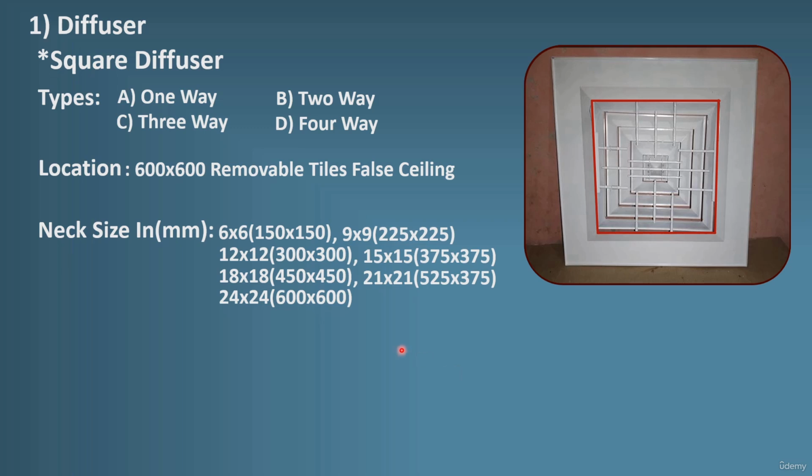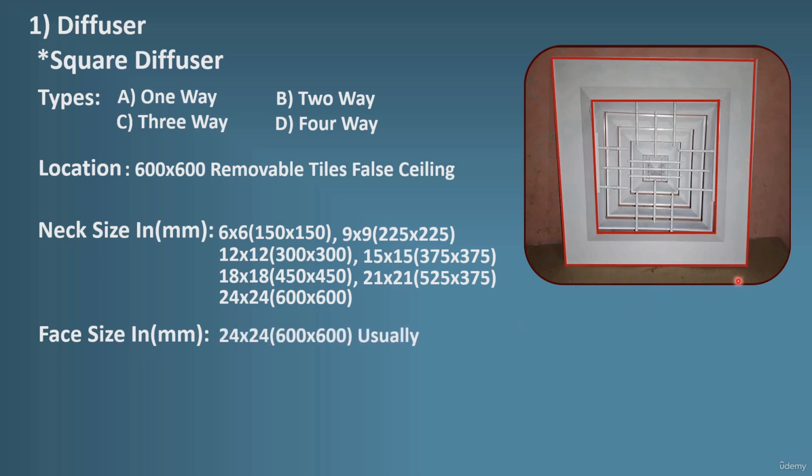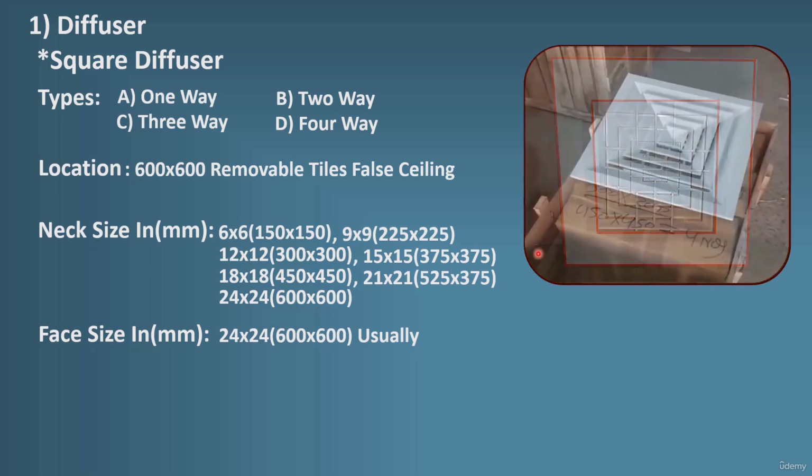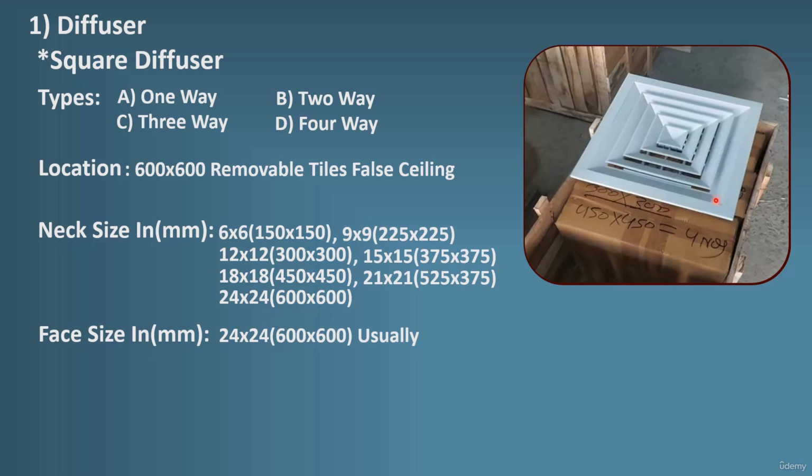With regards to face size, we don't make design for it because it's usually 600 by 600 to replace one tile. So it's not something to be designed, but you can find less than 600 by 600 diffusers. For example, this diffuser neck is a 300 by 300 and the face is 450 by 450.